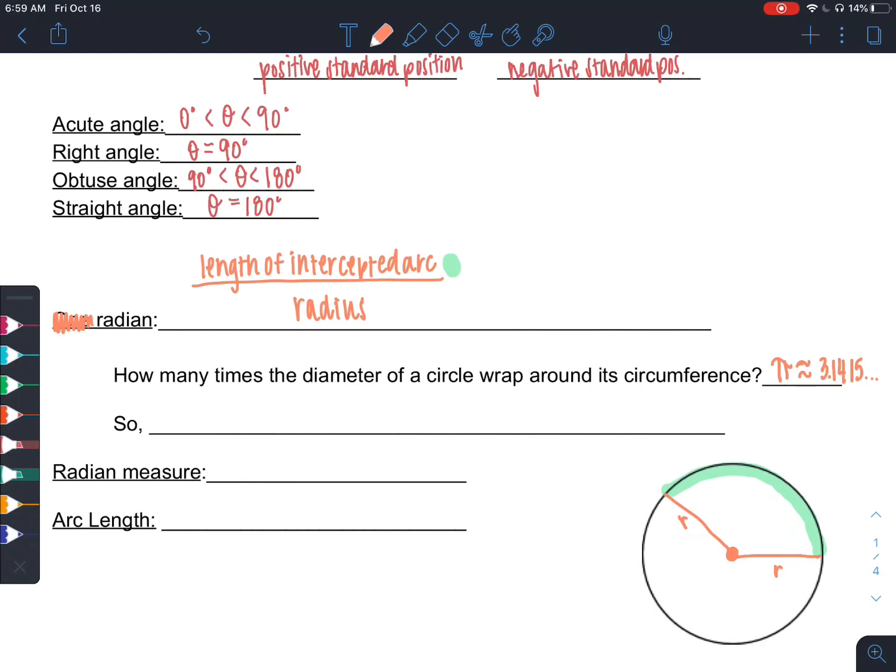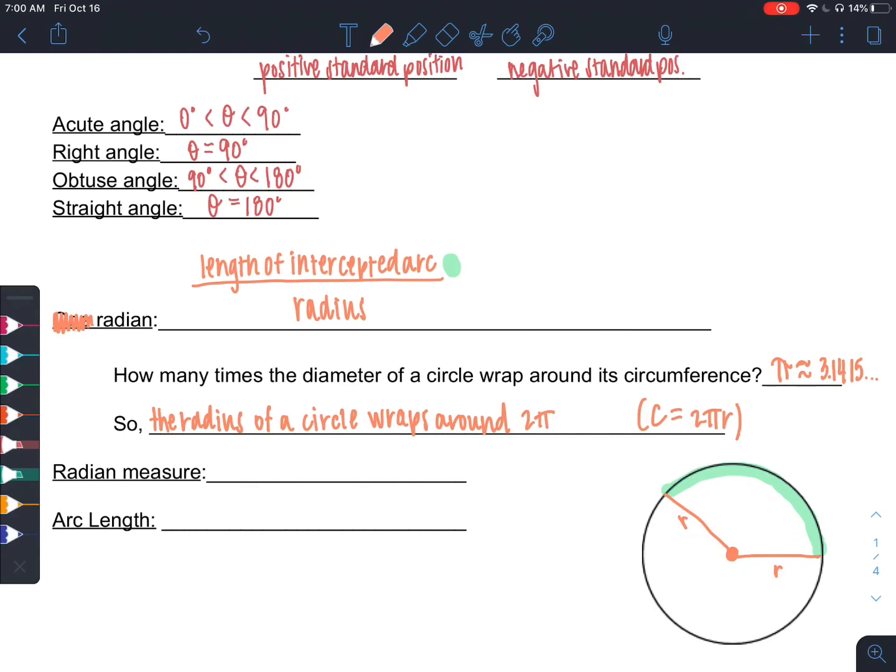All right, so the radius of a circle wraps around 2 pi times, which is where we get that circumference is equal to 2 pi r. So 2 pi times the radius gives us our circumference.